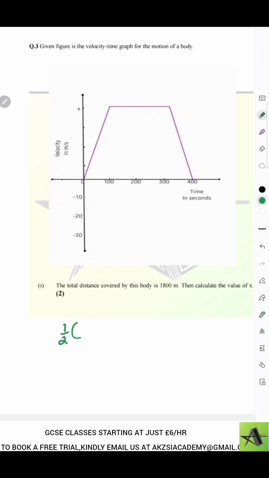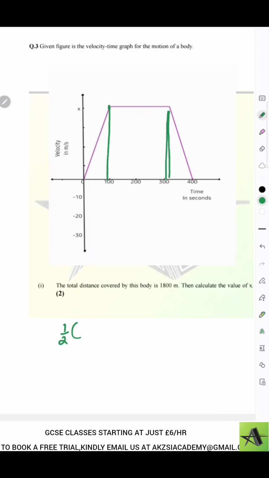So I'm applying the formula for the area of a trapezium: half times the sum of parallel sides. So this one is from 100 to approximately 300 something.